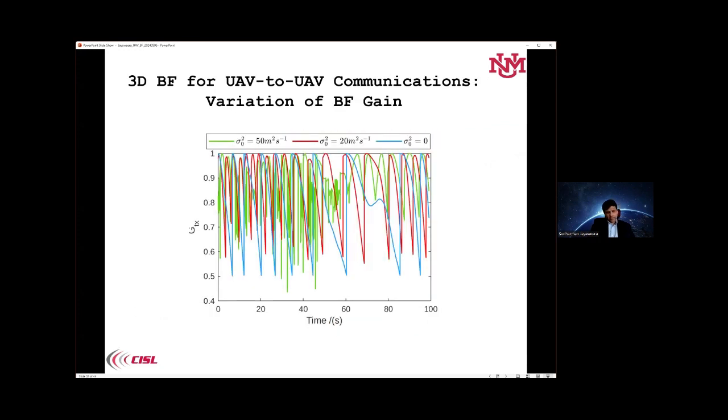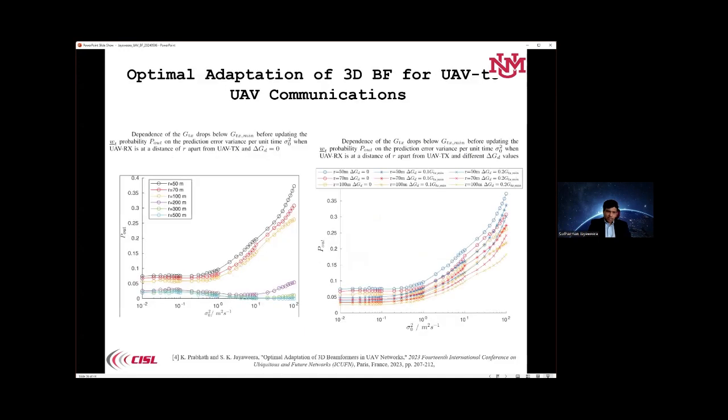And here, depending on the mobile speed, you can see that your beamformer gain will start to fall below the required limit. And this proposed algorithm essentially learns how to keep it above a certain threshold, and update just when it is needed, so that the beamformed link between the transmitter and receiver UAVs can maintain the quality of service.